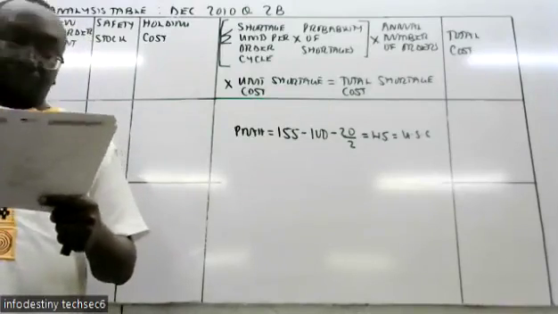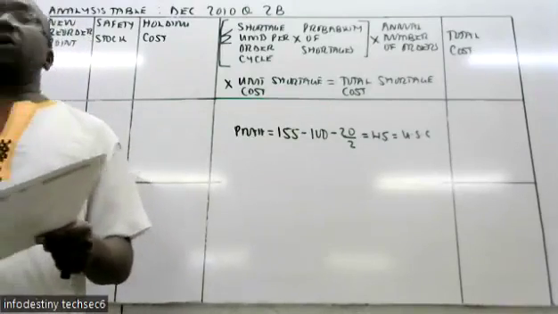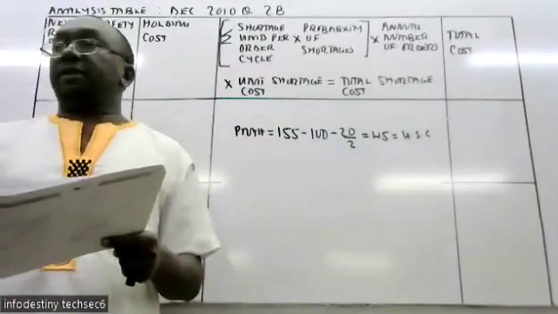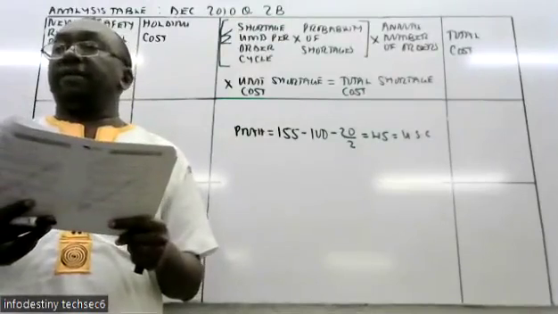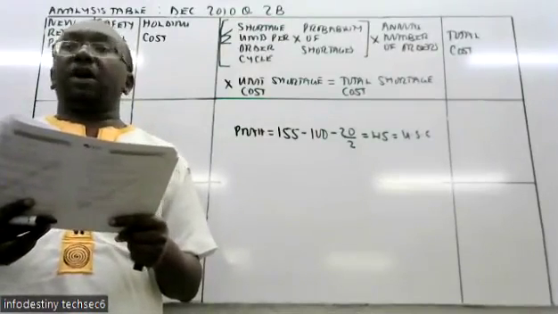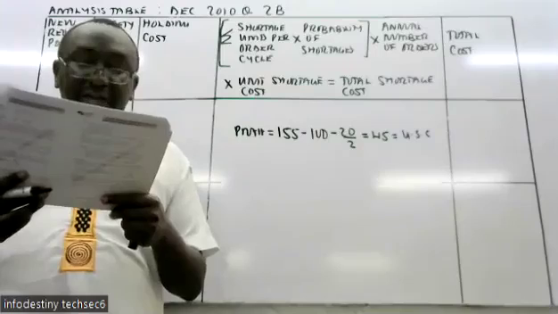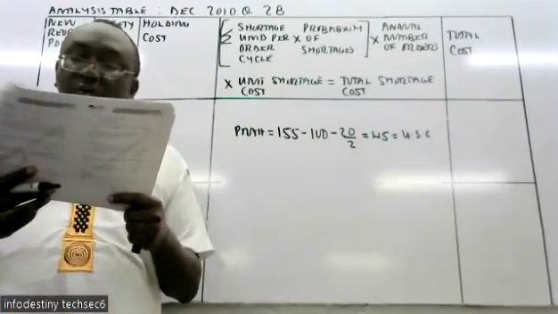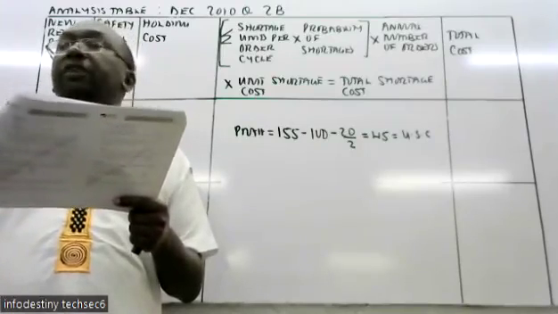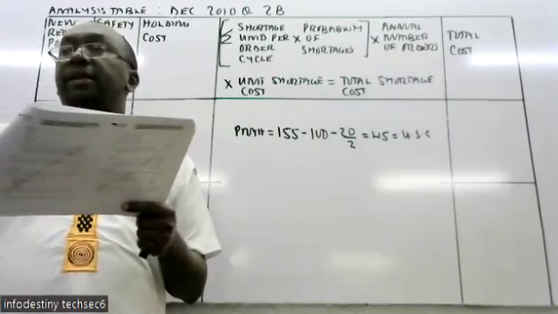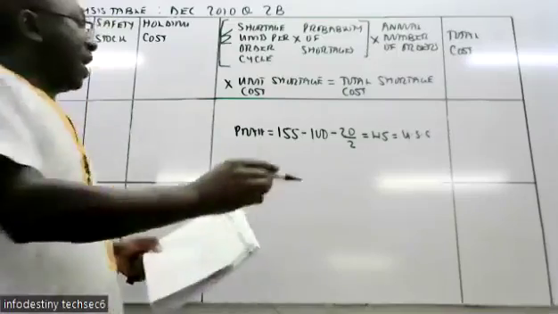Number 2, we need to find the unit holding cost. It is already given. 20 is already given. So that one does not require working. Number 3, we require to know the annual orders. Now the annual orders have not been given, so that one may also require a working.